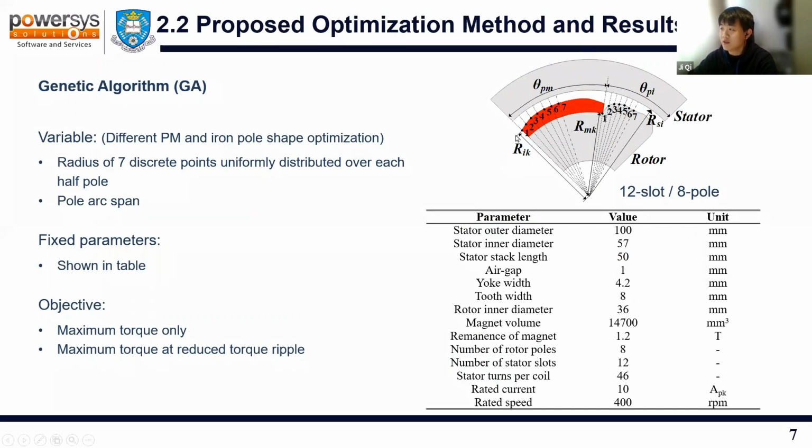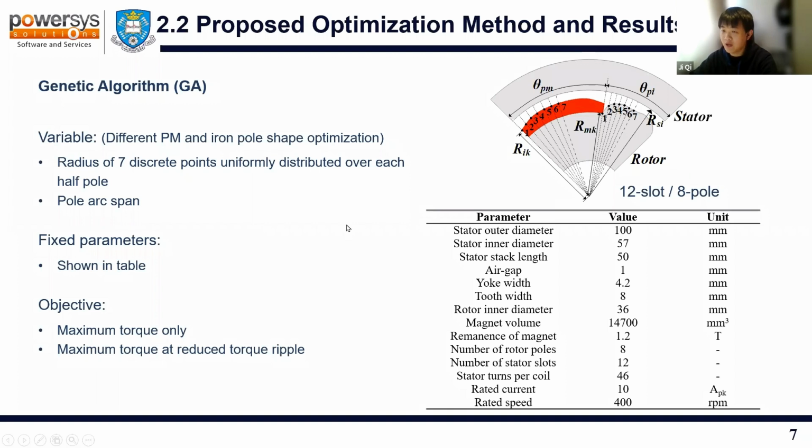Here, the pole shape is defined by 7 discrete points uniformly distributed over each half pole, and a curve is used to connect those points to form the profile. In the optimization, the variables are the radius of those points and also the pole arc span. The fixed parameters are listed in this table.